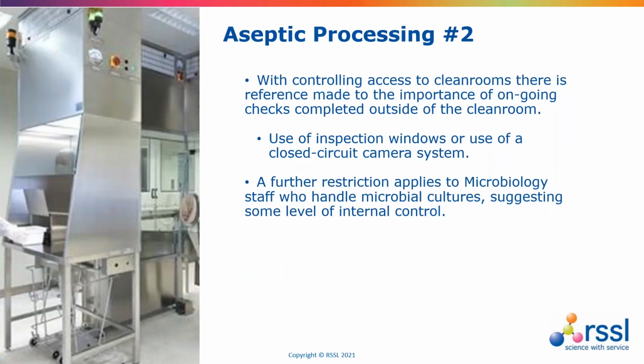There's also a focus with controlling the numbers of people, so the overall staff numbers that have access to the grade B area. So there's recommendations there that when there are auditors or where quality staff need to undertake checks, that there should be a way to do that through the use of inspection windows or things like CCTV camera systems.